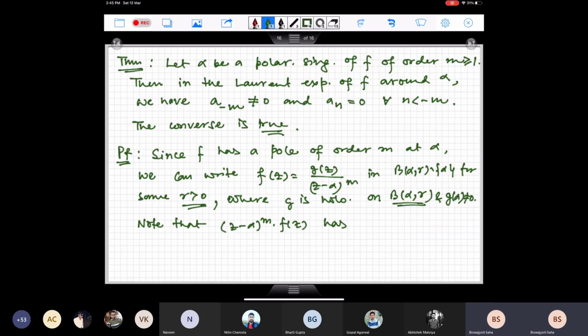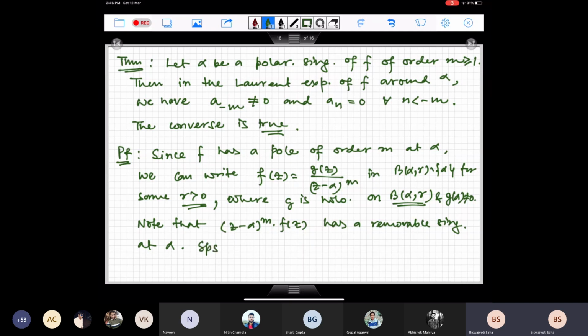I can say that (z minus alpha) power m times f of z, which is anyway holomorphic on B(alpha, R) minus alpha, at alpha there could be a singularity, but what kind of singularity? Removable. Very good. It has a removable singularity at alpha.